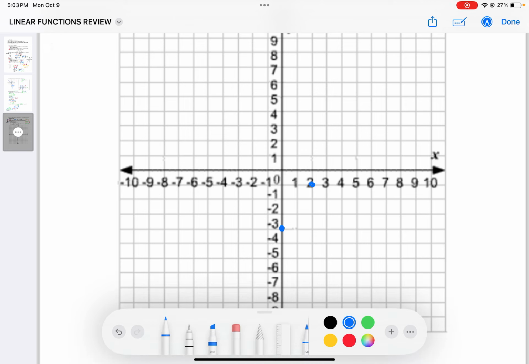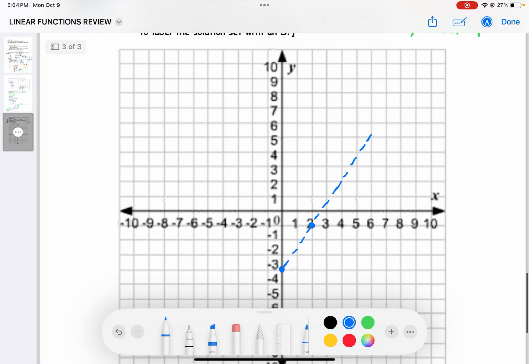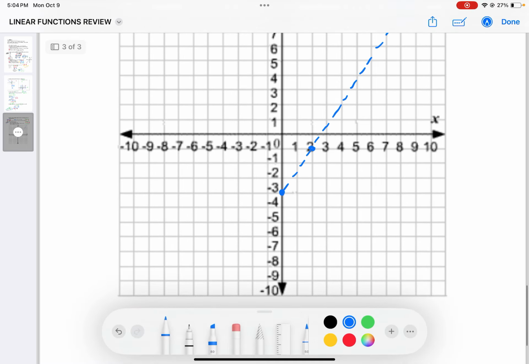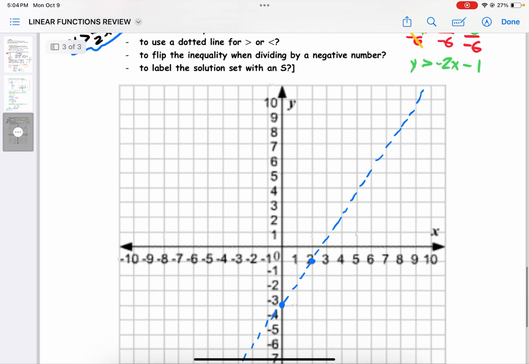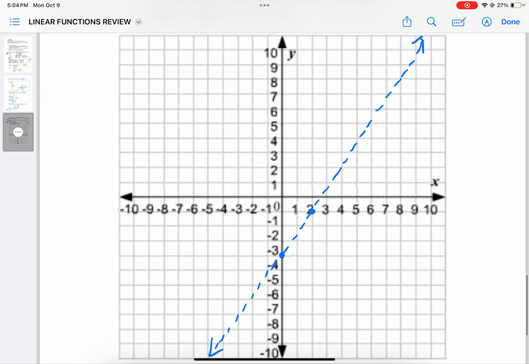And it's going to be a poorly drawn dotted line because my ruler capabilities are kind of shoddy on this iPad. But I'll do my best. You guys will all have rulers on your test, so that will be no concern to you. I draw my arrows. Do not forget your arrows.